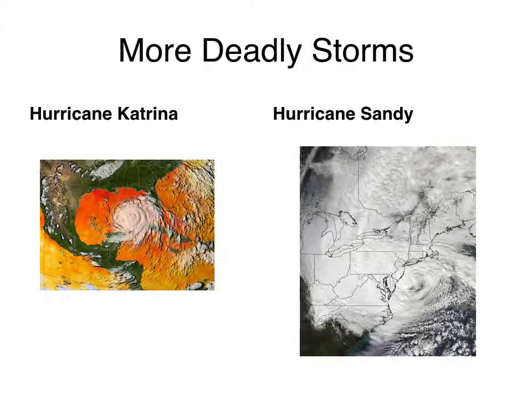Hurricane Sandy, in the year 2012, caused an enormous amount of damage, $60 billion worth, and hit the New York, New Jersey seacoast area, especially impacting low-lying areas in Long Island and New York. Subways were flooded. Coastal communities were absolutely inundated by the storm. The same thing happened with Hurricane Katrina.